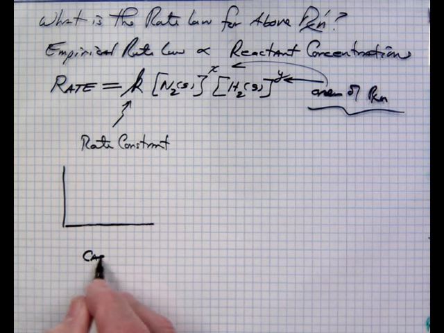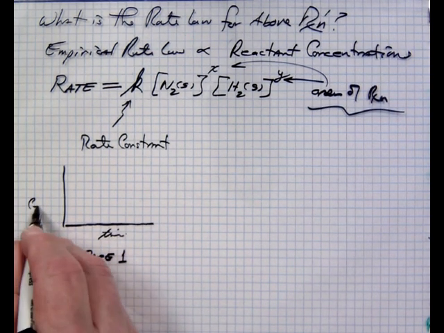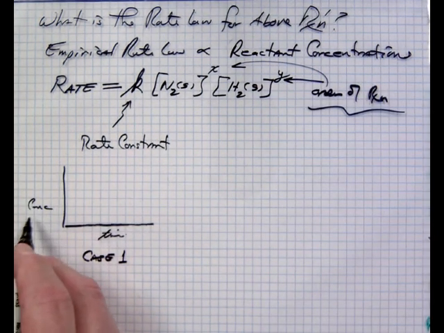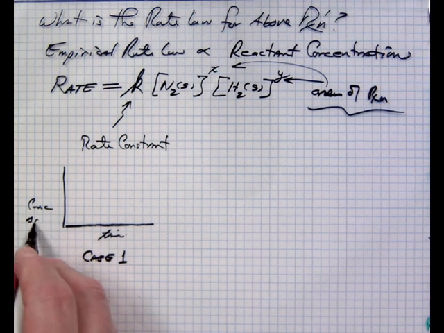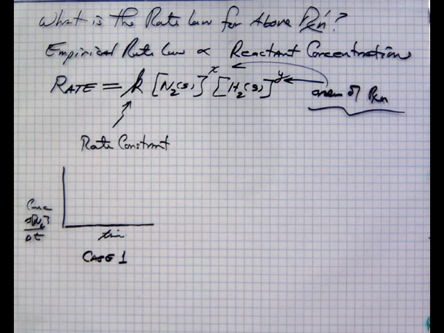Case 1: as a function of time and concentration, we'll say we're looking at the change in nitrogen concentration. If we apply 1 mole of nitrogen to the reaction, disregarding hydrogen, then turn around and run a second experiment and double it, we look and see if it produces a change in rate.